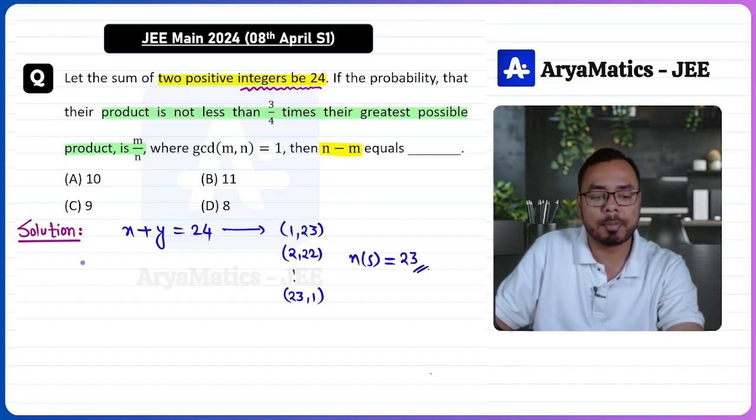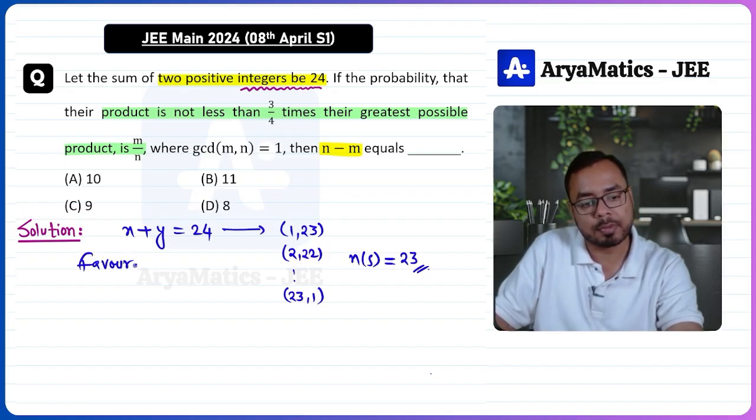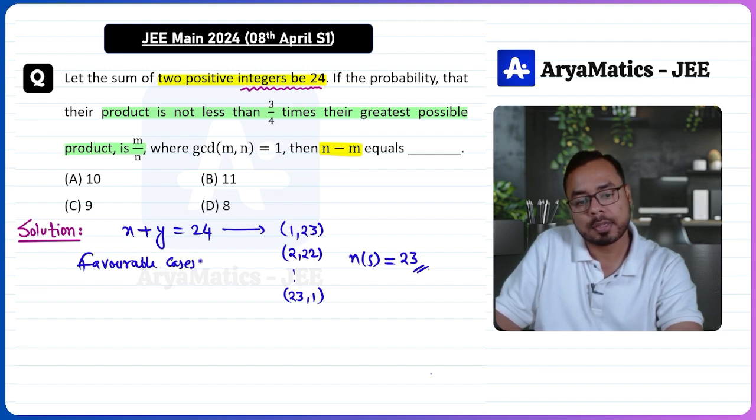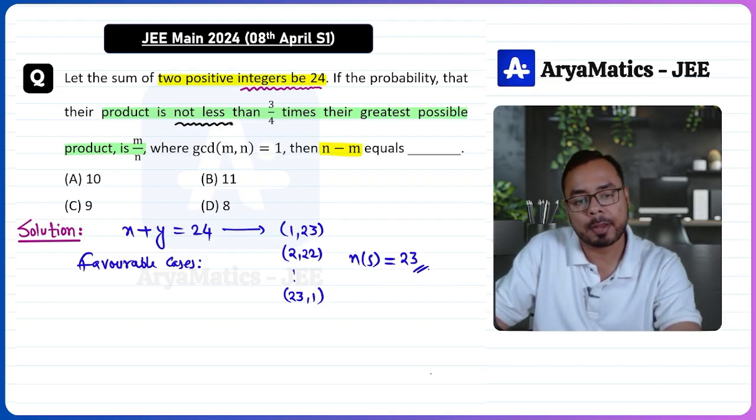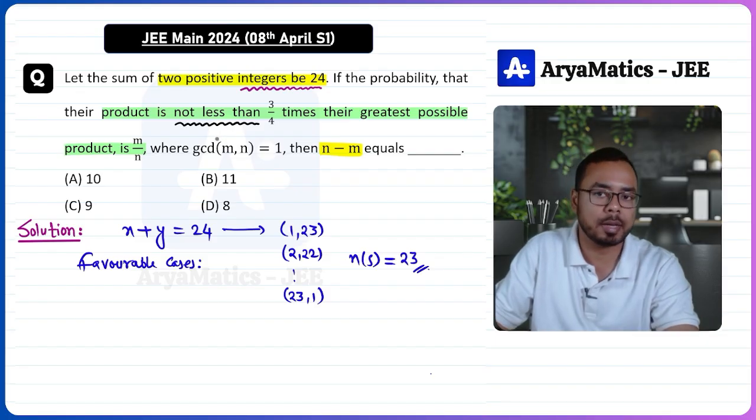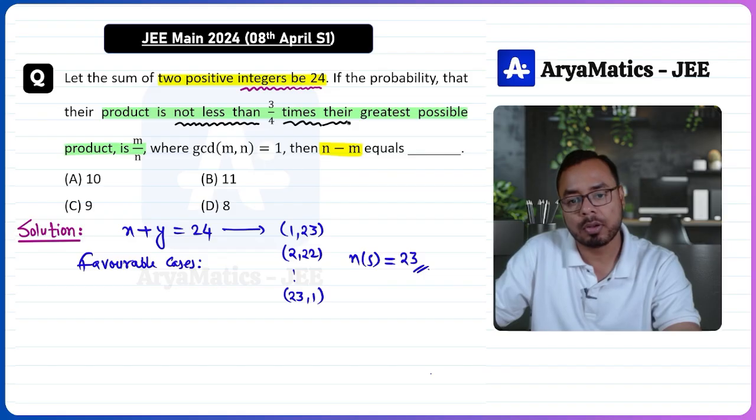Now we have to count the number of favorable cases, and this is the interesting part of this problem. A favorable case means that the product of those two numbers is not less than, meaning greater than or equal to, 3/4 of their greatest possible product.